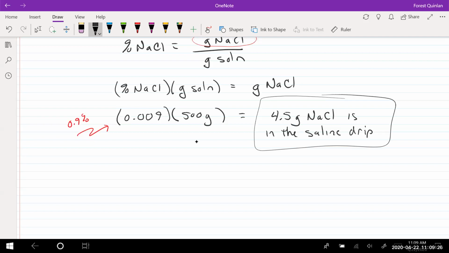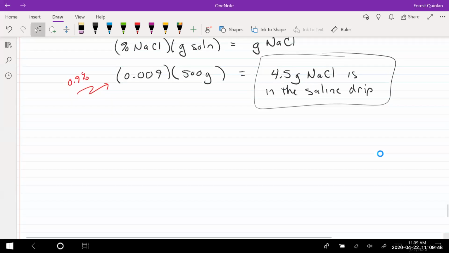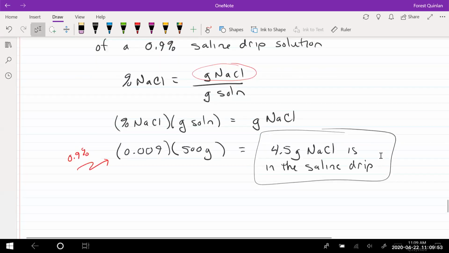So divide 4.5 by 28. Where's my calculator? There it is. So 4.5 grams divided by 28, just in the ballpark, is 0.16 ounces. Whew. Not very much. It's basically like a pinch. You wouldn't even know it's salty. But hey, you can save someone's life. Look, I just did something that mattered. We saved lives.